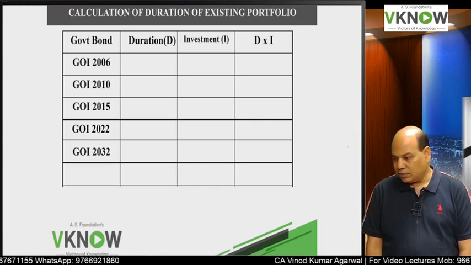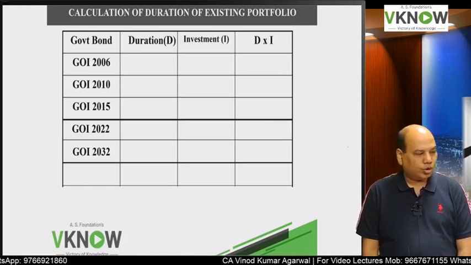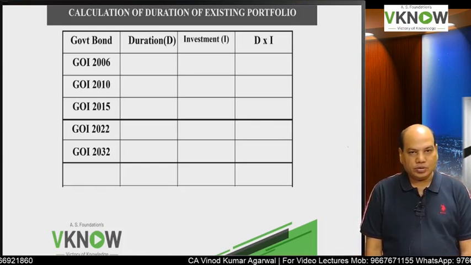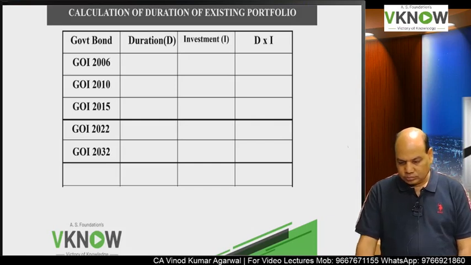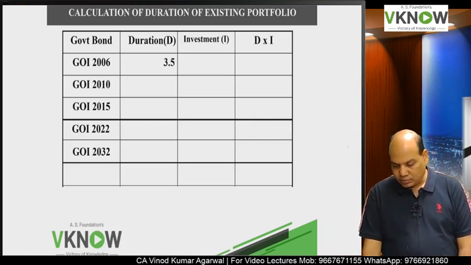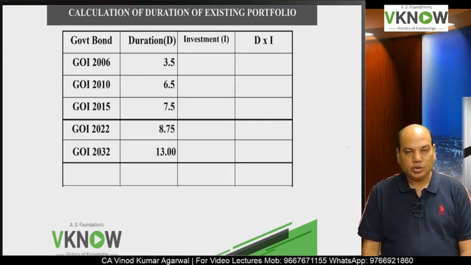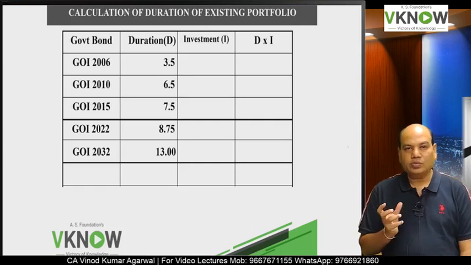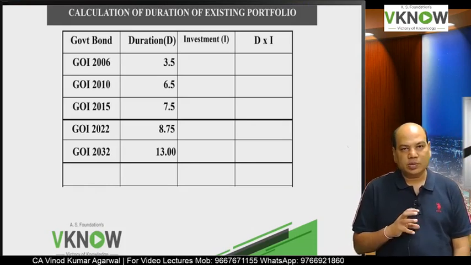Same easy format: government bond, duration, investment, duration into investment. Then copy the duration from the question book. Investment amount will be used as weights.